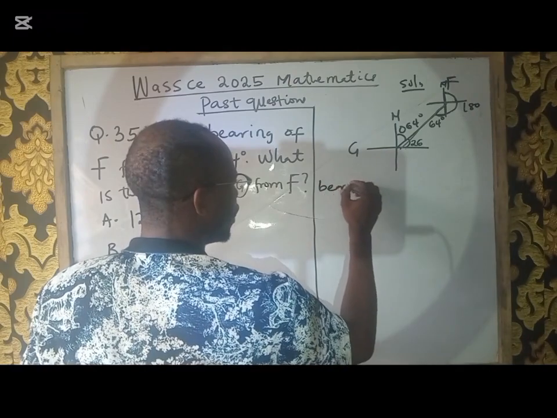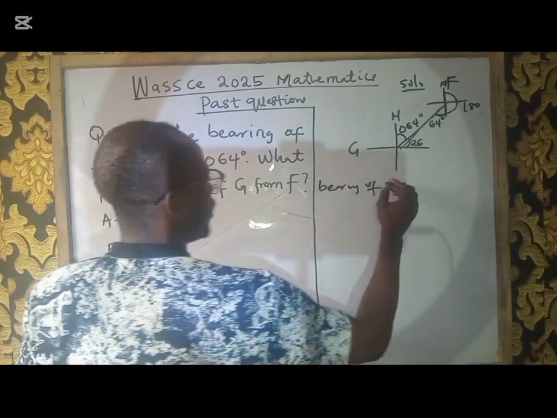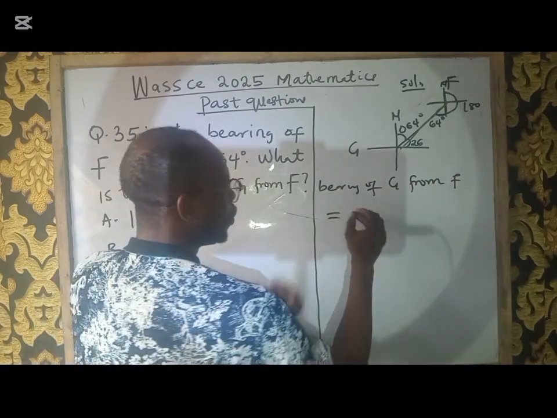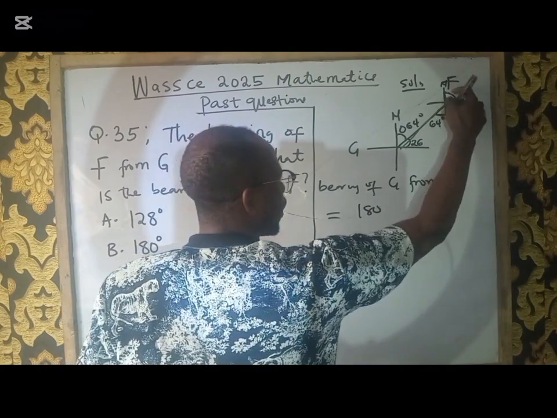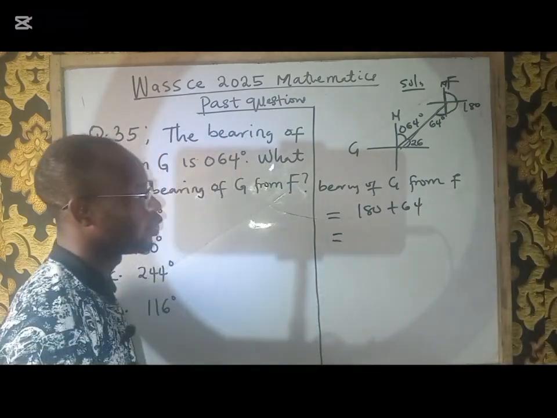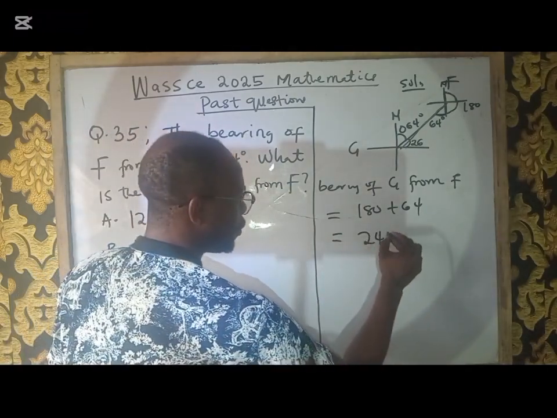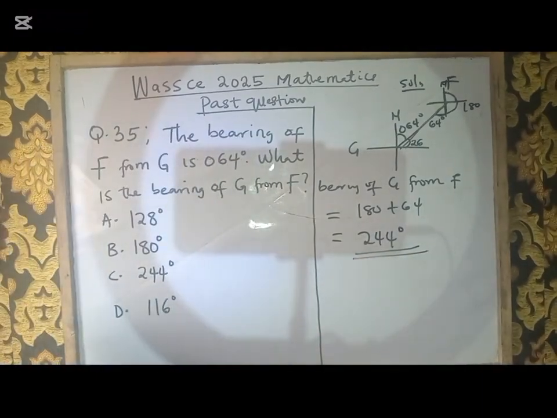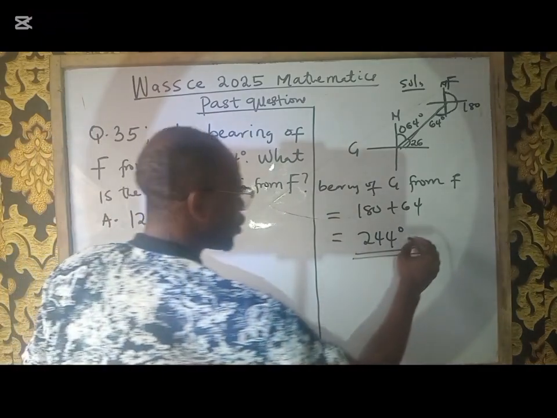You now write that the bearing of G from F equals 180, which is the line coming like this, plus this 64. When you add this together, you are going to have 244 degrees, which is our final answer. So the bearing of G from F is 244 degrees, and that's option C.